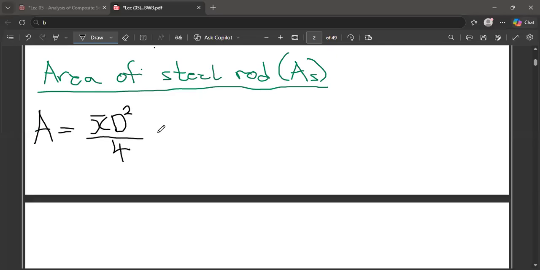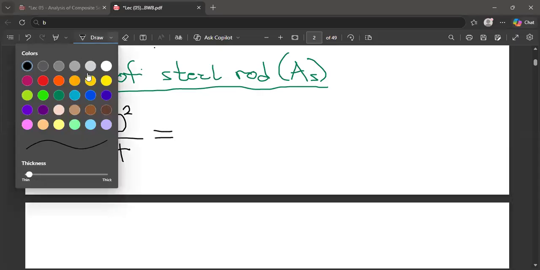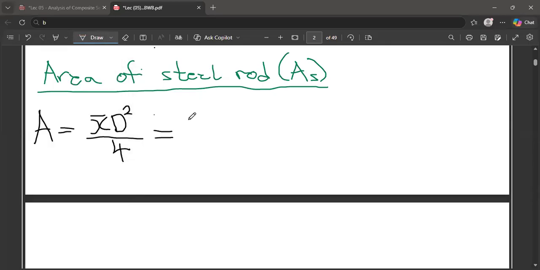So by substitution, we can just substitute our values into this and then we can find our area. The pi we are using over here is just 3.142, all over 4.